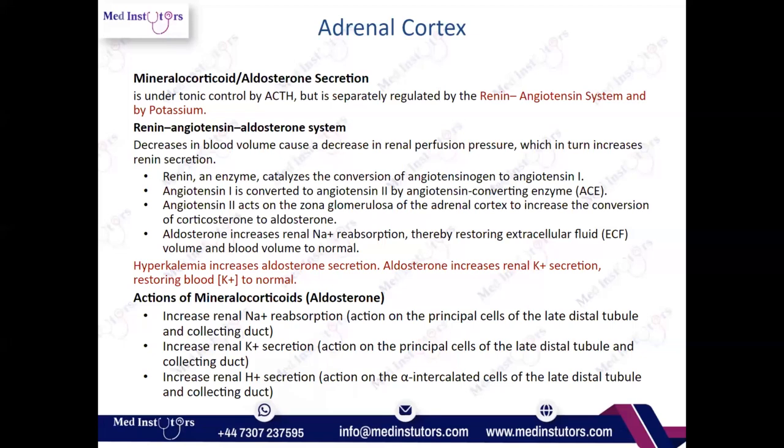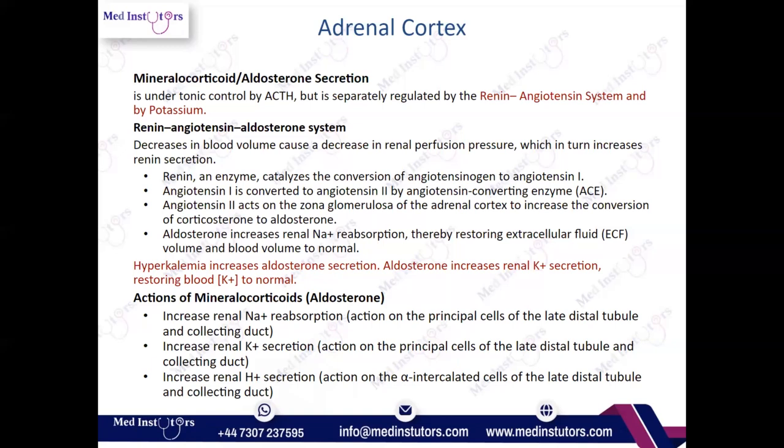Yes, perfect. Lungs is the right answer. And from which structure does the renin come from? Yes, kidney is the right answer. Yes, juxtaglomerular apparatus more precisely. Okay, so what would be the next step?